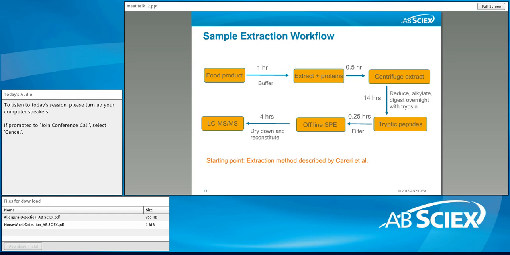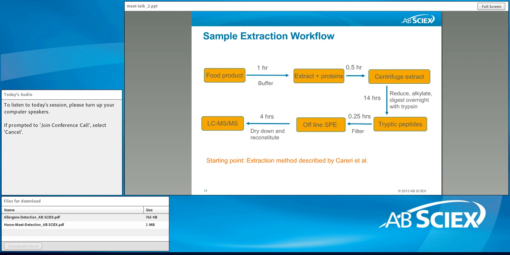This opens up the protein structure and means the enzyme works more effectively on digesting the protein. This was done in this case by using TCEP and MMTS. TCEP is a reducing agent. MMTS, which is a sulfonate, is an alkylating reagent.